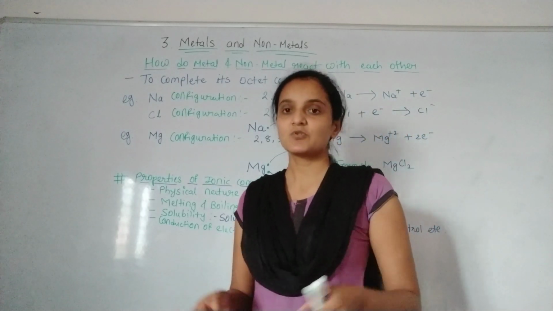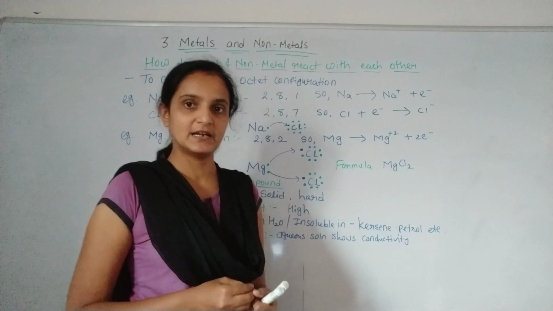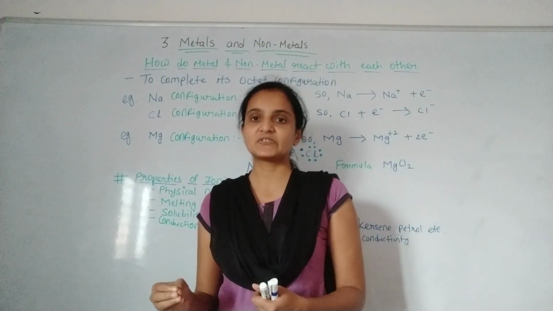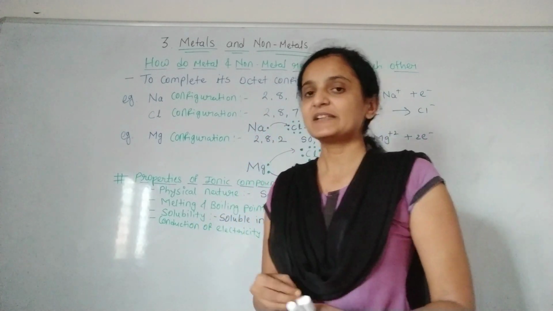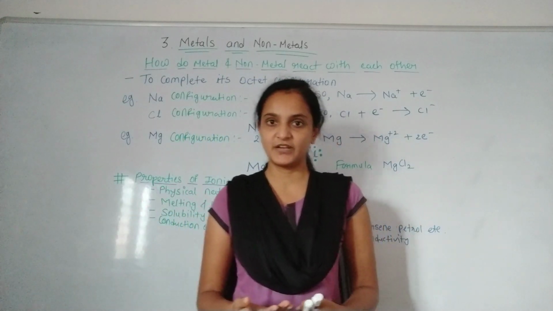If any element has its outermost orbital fully filled, then it is considered to have the octet electronic configuration. If it is not fully filled, then it will try to complete its octet configuration.